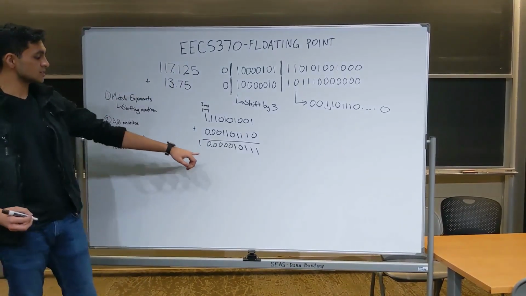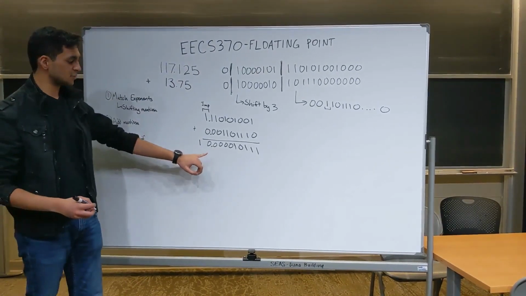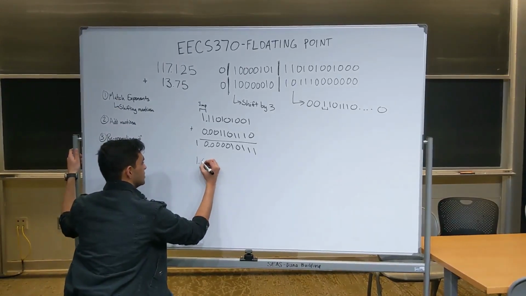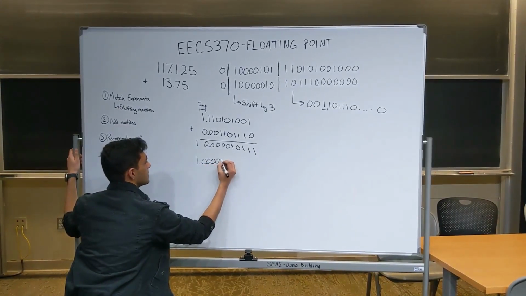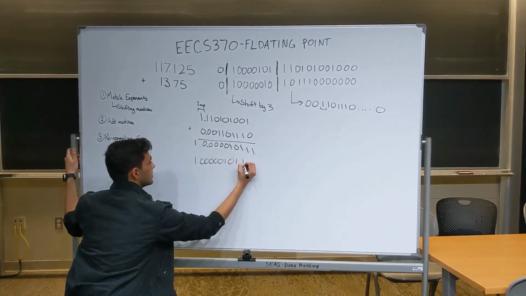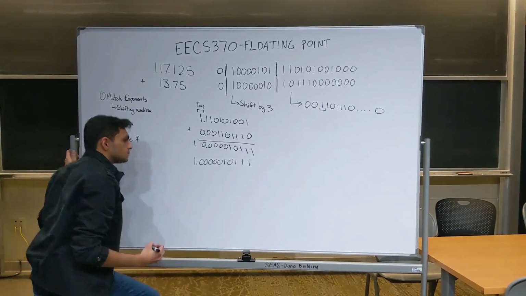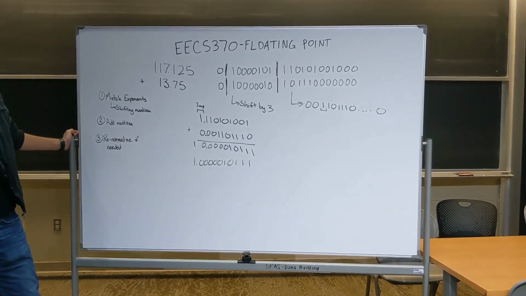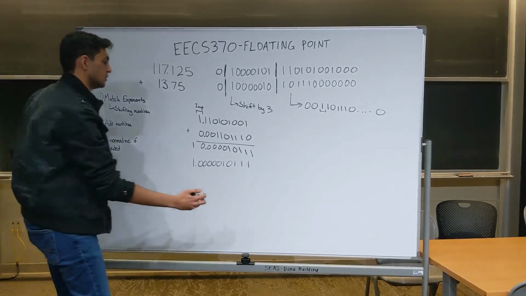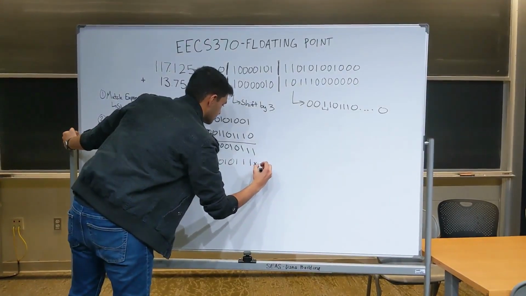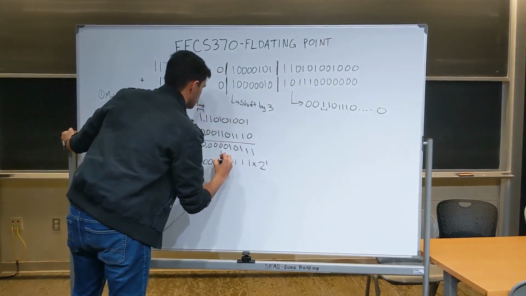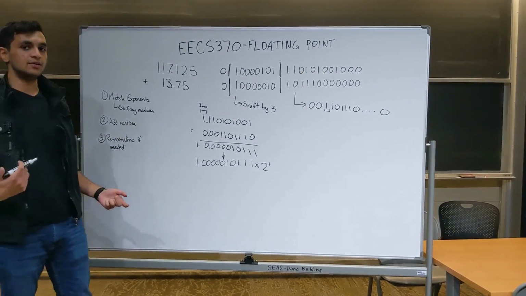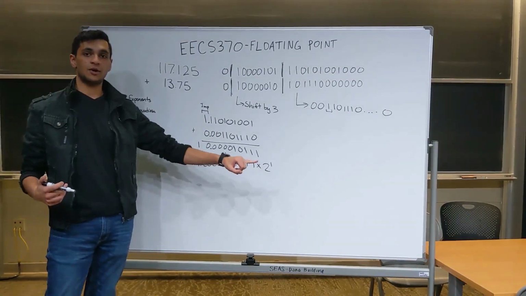Just like before, this isn't good enough for us. We want this decimal point to be in this position here. So we need to renormalize our number. So in order to convert the one number to the other number, we have to multiply by 2 to the power of 1. And just like before, this means that we do need to add 1 to our exponent.